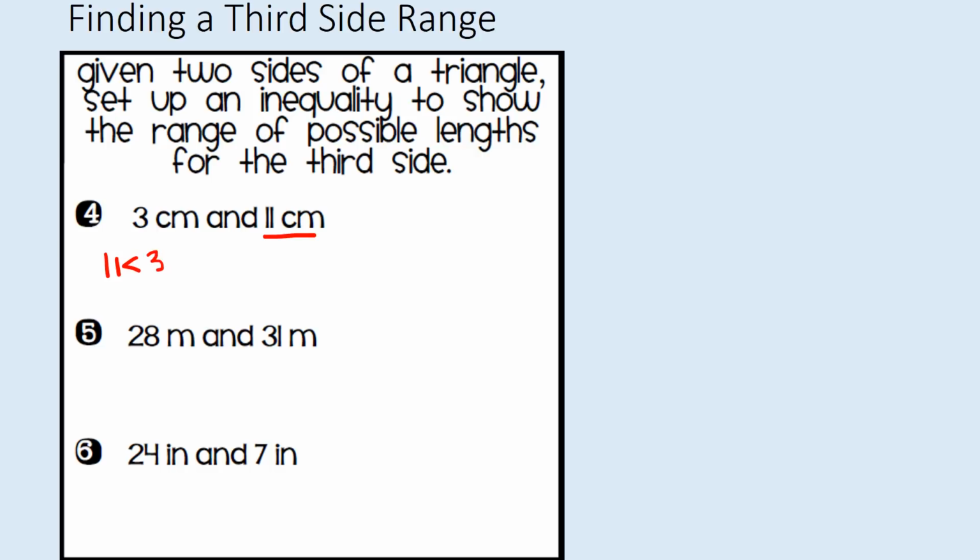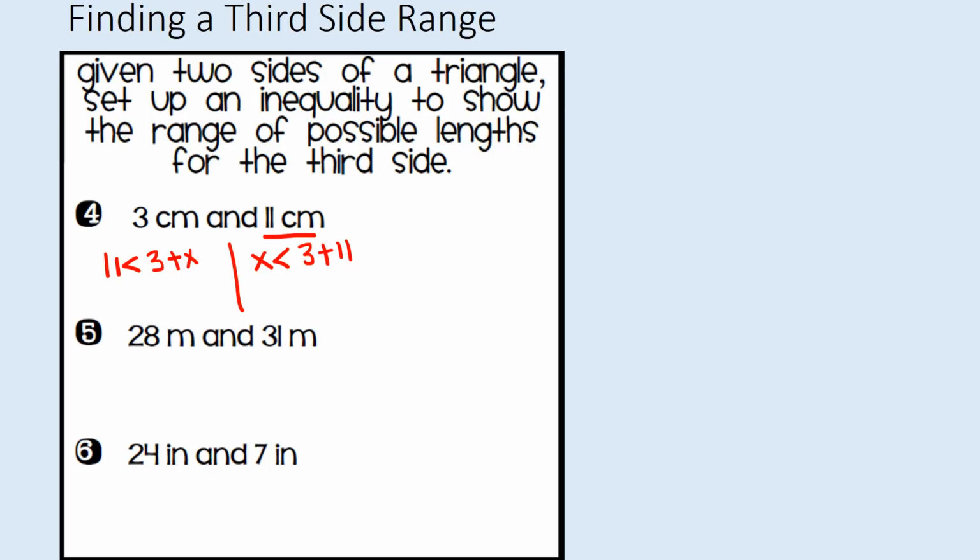So we're saying the side that measures 3 centimeters plus the side we don't know, x, has to be greater than 11. Okay, so we're setting up that inequality, and then there is a possibility that the third side could be the longest side. If that's the case, we would say x is less than 3 plus 11, because we want the two smaller sides to be greater than that third side.